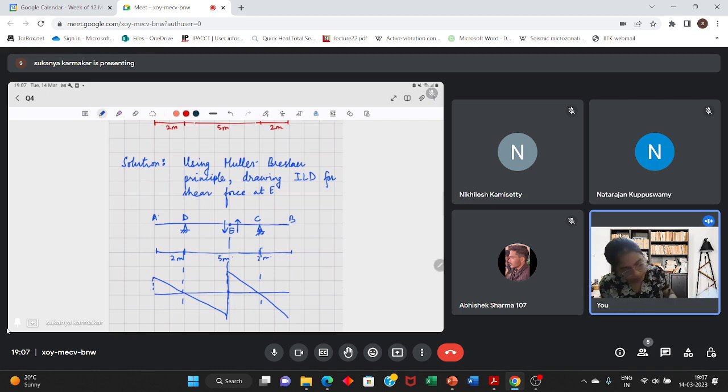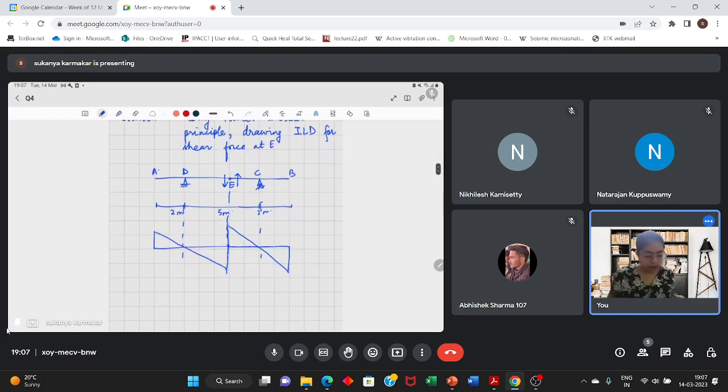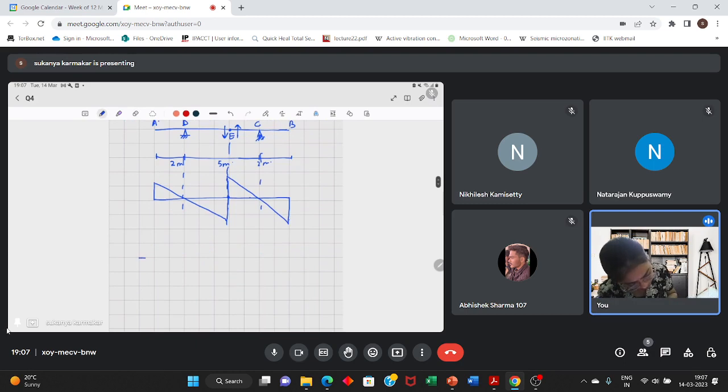Now, let's refer back and put a note, but let's do some back of the envelope calculation.